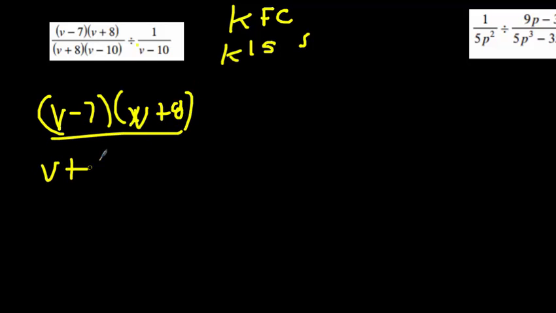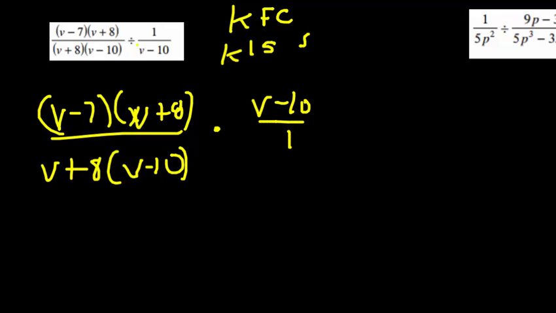On the bottom I have the v plus 8 and the v minus 10. And over here, if I switch this to multiplication instead of division, the v minus 10 comes to the top and the 1 goes to the bottom. And now let's see, what can I possibly cancel out? Well, the v plus 8 can cancel out, the v minus 10 can cancel out, and I'm just left with v minus 7. So all that big mess just ends up being equal to v minus 7.